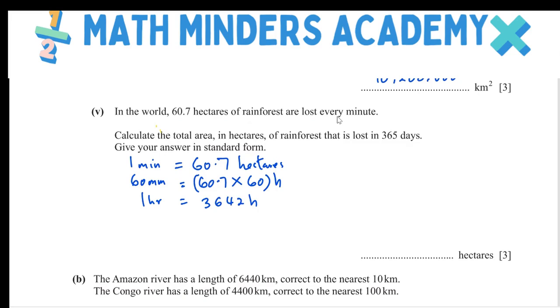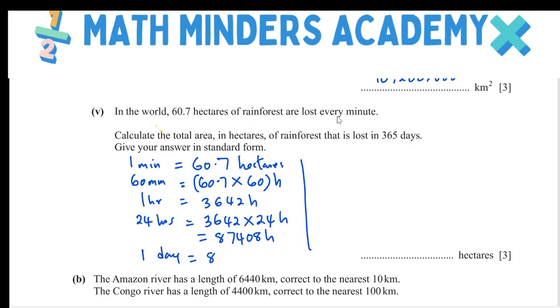Now, in 24 hours, which is 1 day, this is what is going to be lost times 24. And this gives us 87,408 hectares. So in 1 day, we have this amount lost.